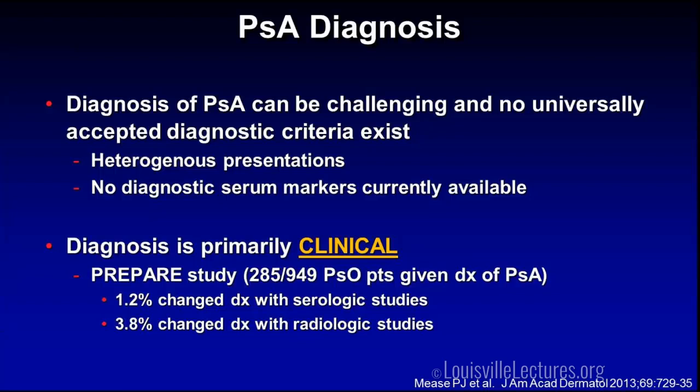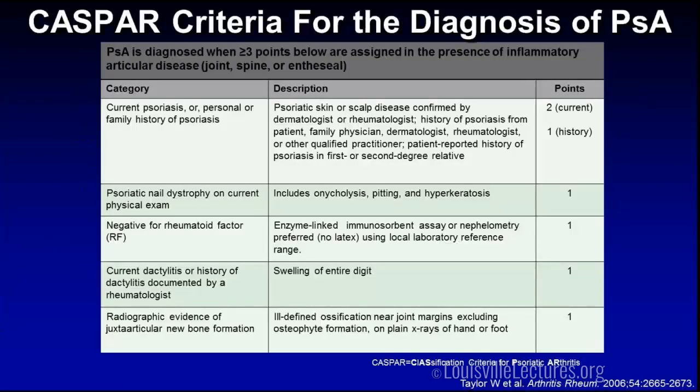But what they found was that if additional serologic tests were done, that only changed their clinical diagnosis about 1% of the time. And if additional radiologic studies were done, it only changed their diagnosis in about 4% of the patients. So this is primarily a clinical diagnosis.